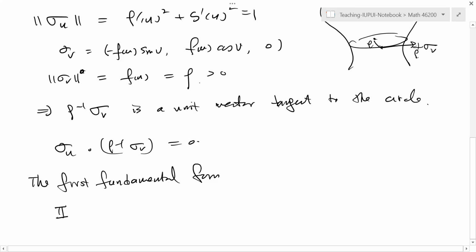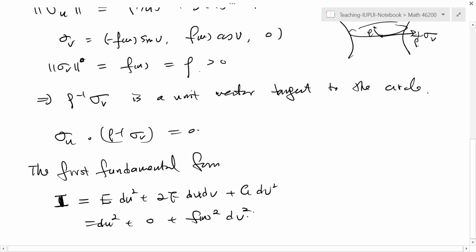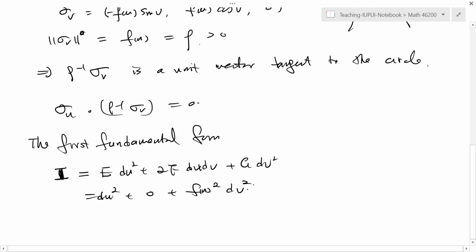In the book it's always written in the form E du squared plus 2F du dv plus G dv squared, and E is 1, F is 0, and G is just f of u squared. So that's the first fundamental form. That's all we need to know.